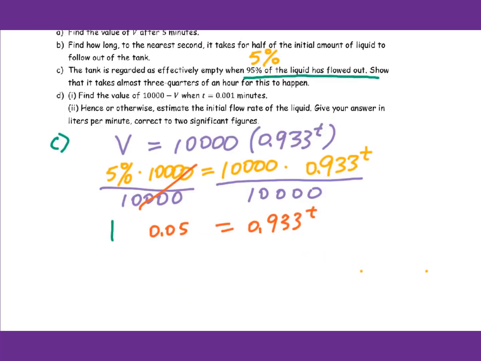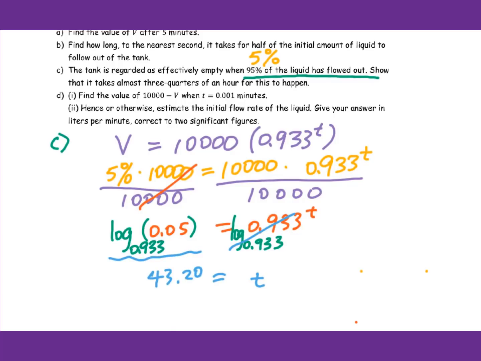Then we do the log base 0.933 on both sides. And you will get t equals. We put this into the calculator. You will get 43.20 minutes.